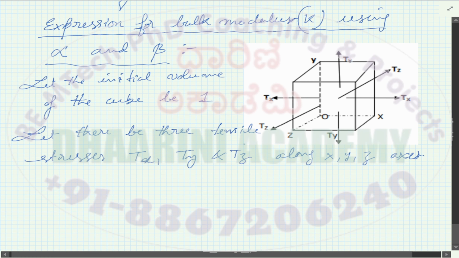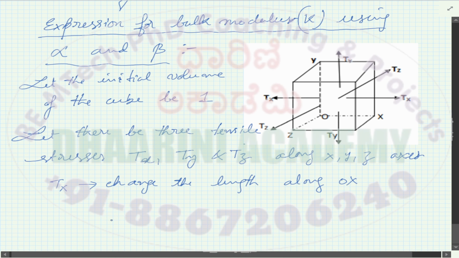Now the meaning is that Tx will produce change in the direction along the x axis, that is Ox. Tx is going to change the length along Ox, because it is in the x direction.